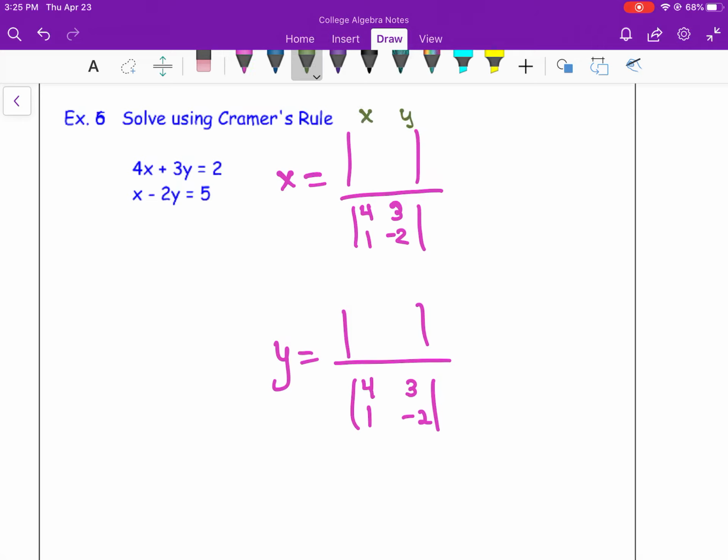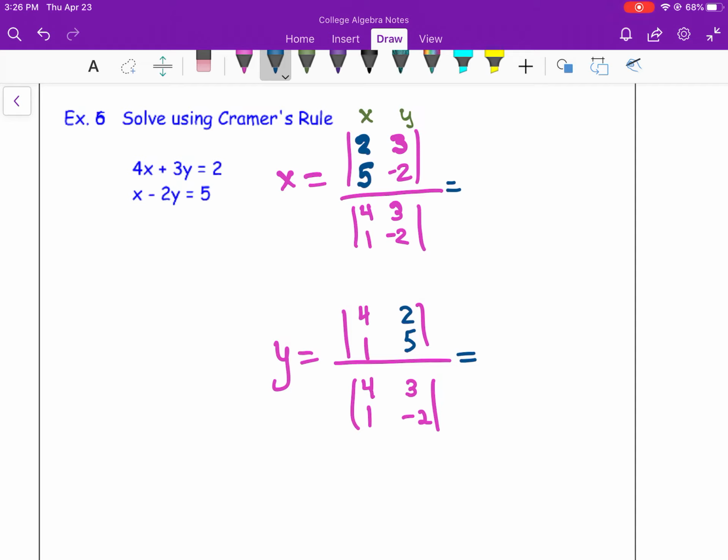So if I'm solving for x, this 2 and 5 go right here. And if I'm solving for y, they go in the y column. Then you need to bring up what's underneath. Let me do those. My pen got really fat. And then we just carry on and finish it out.